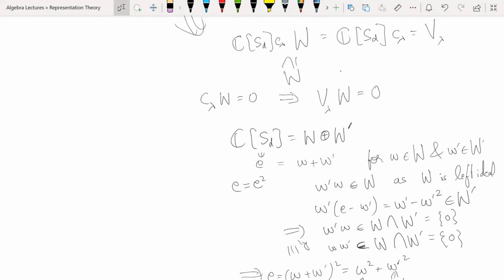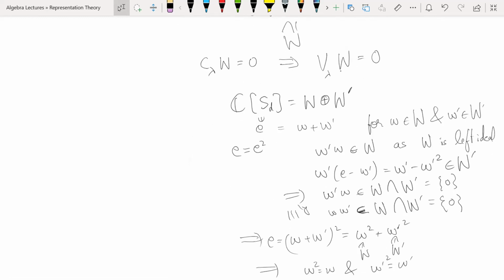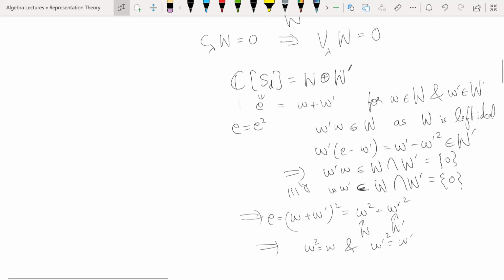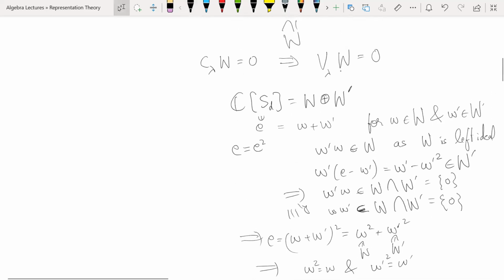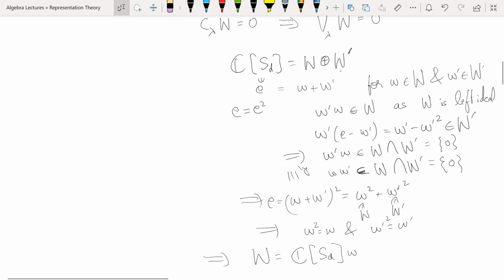So what you get is that this identity is as product of rings. From here, you can think of W as basically CST times W. So this implies that W is going to be this guy, because this is the splitting.